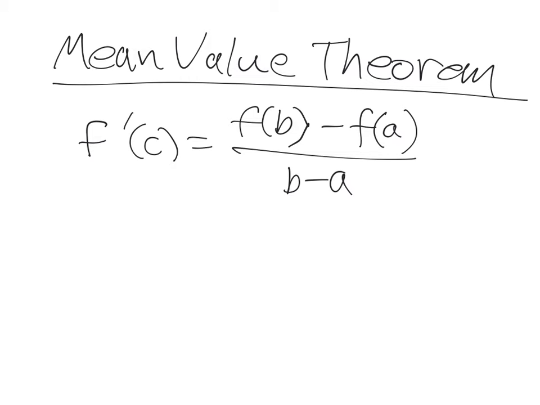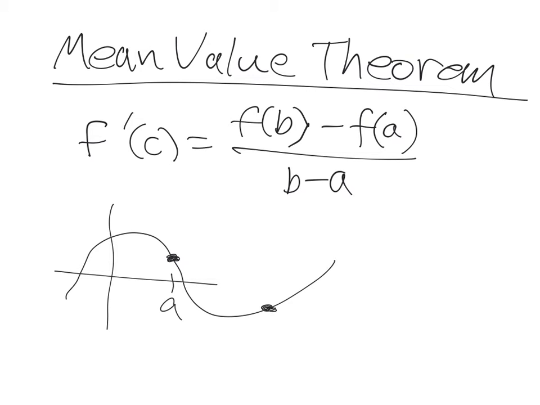So essentially what this would mean, if we take, say, these 2 points, and, well, what's this formula show us? Slope of the line between those 2 points.